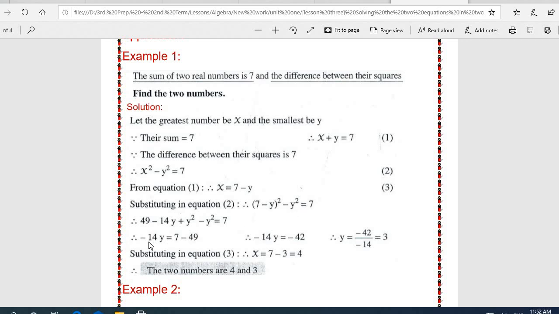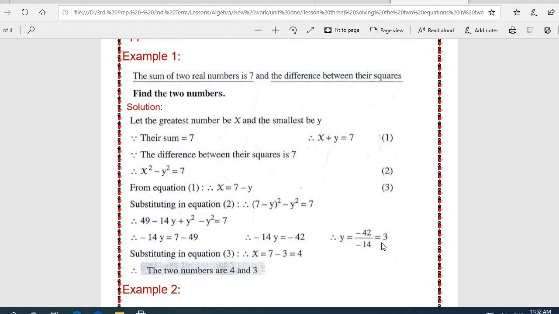Simplify the bracket: 49 minus 14y plus y squared minus y squared equals 7, which means that negative 14y equals 7 minus 49. Negative 14y equals negative 42. y equals negative 42 over negative 14, which is equal to 3.